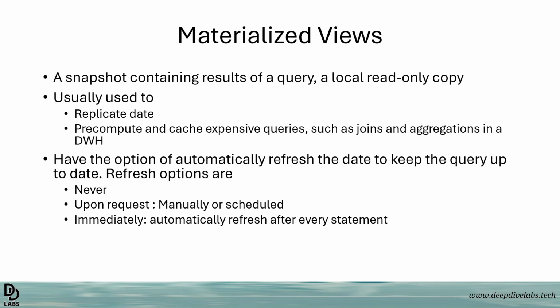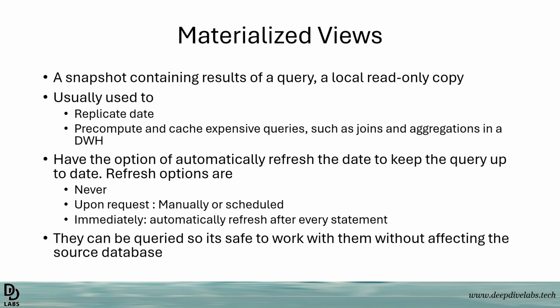Then you can refresh these materialized views, right? So you can either refresh never, or refresh upon request manually or scheduled, or refresh automatically at every statement. And these materialized views can be queried, so it's safe to work with them because it will not affect your source database.